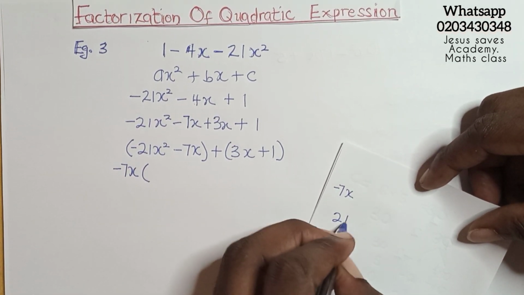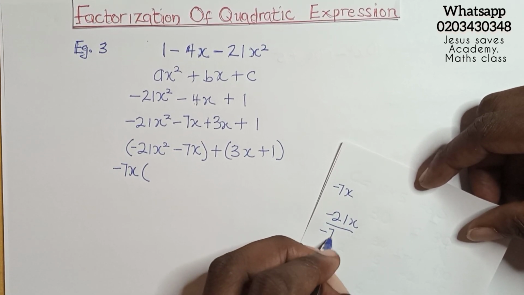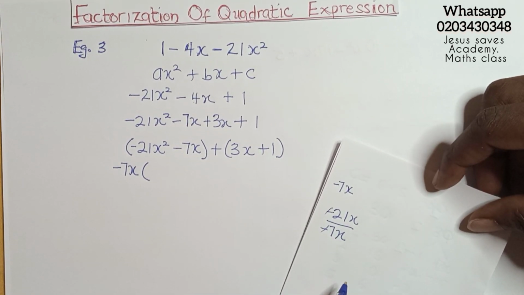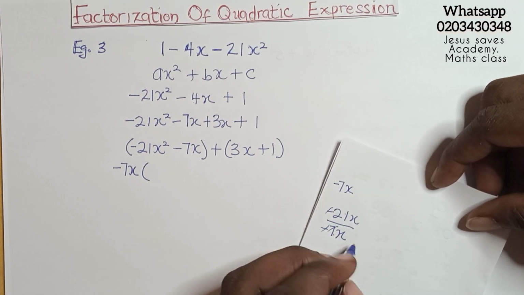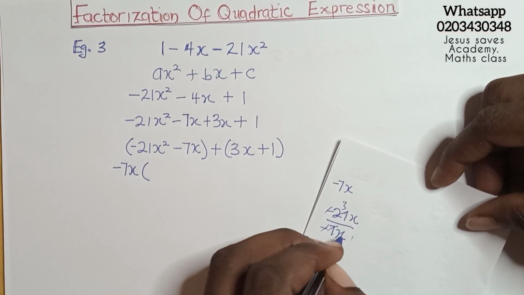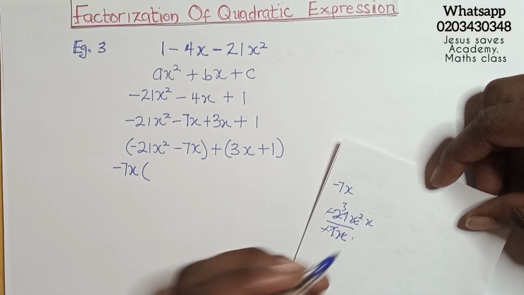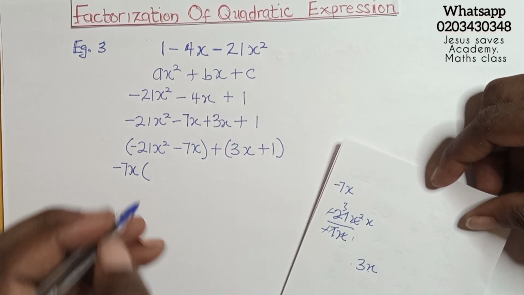Negative 21x squared divided by negative 7x: the negatives cancel, 7 goes into 21 three times, and x cancels one of the x's, leaving 1x. So we have positive 3x here.